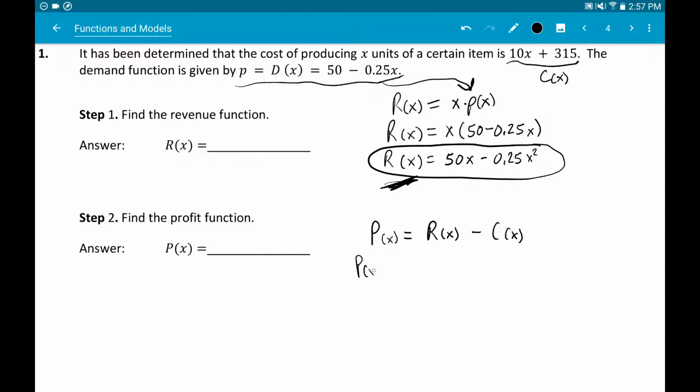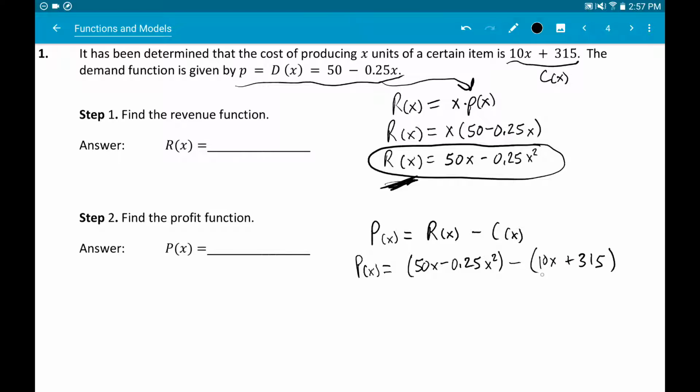Okay. So profit function will be the revenue function right here, 50x minus 0.25 x squared, minus the cost function. Cost function is given up here as 10x plus 315.